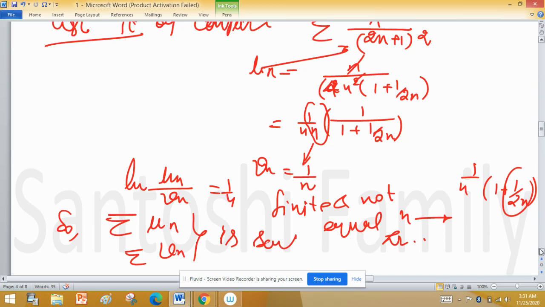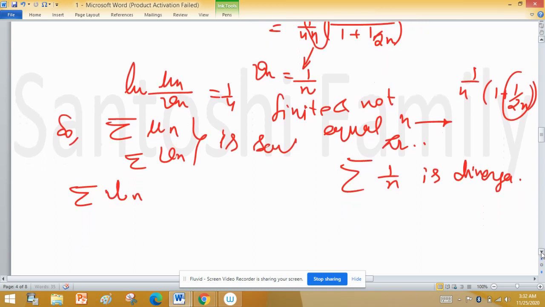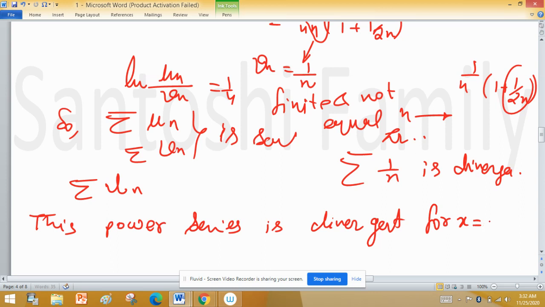And we know that summation 1 upon n is a divergent series, so un also is divergent. It means this power series is divergent for x equal to 3.